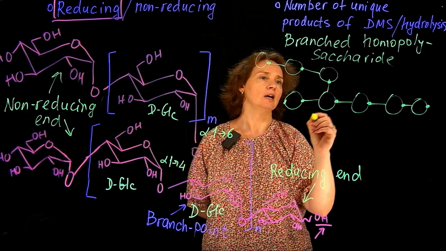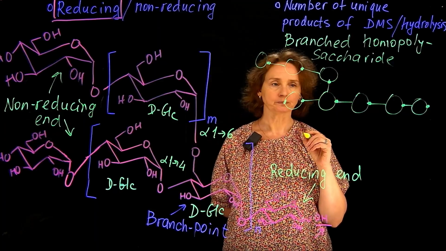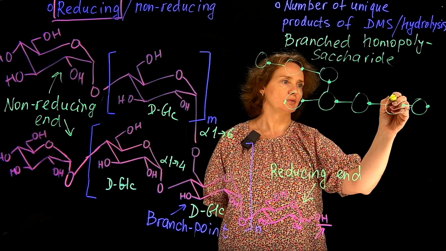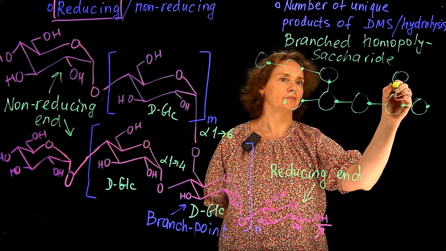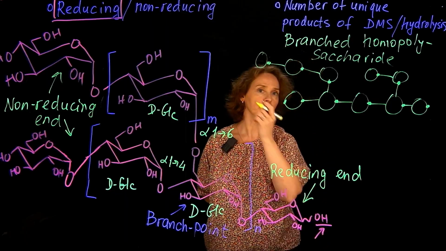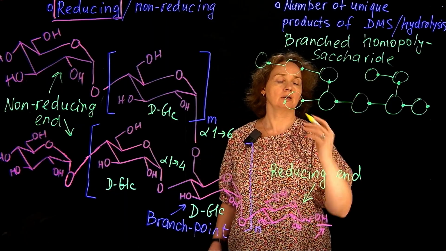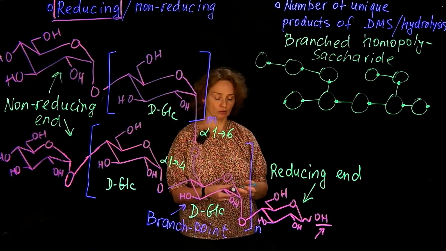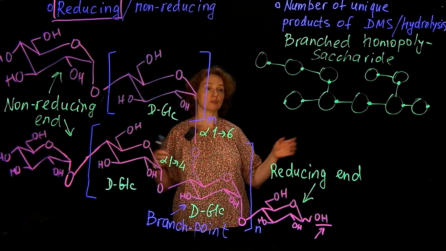That's a schematic representation of that. Yeah, so we may have another one right here. But all those units have the same chemical structure. So as a result, the types of products actually depend on the arrangement of those glycosidic bonds.